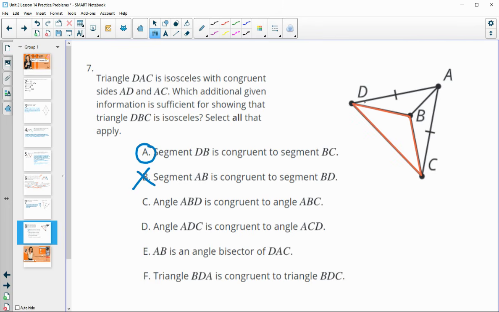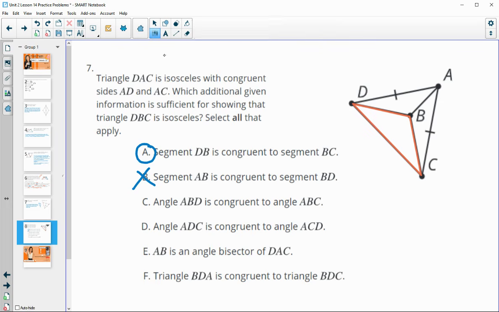Angle ABD is congruent to angle ABC. Knowing that doesn't help us because we do know this side. And if we could prove these two triangles were congruent, then these would be congruent since they're corresponding sides of these two triangles. But knowing this angle just gives us this side, and this angle. So that gives us two sides and the non-included angle. So that doesn't help us prove that those two triangles are congruent.